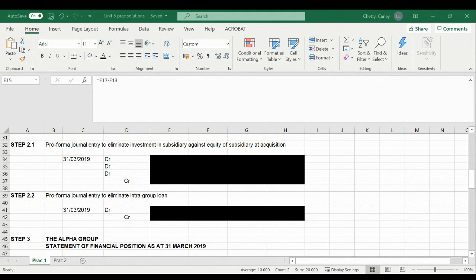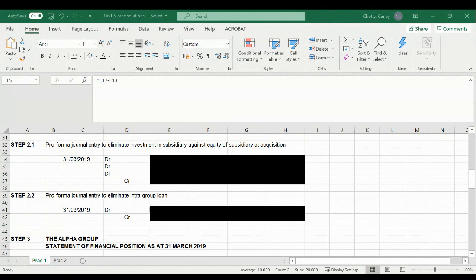So now we need to ask ourselves, are there any intra-group loans? In the trial balance, are there any transactions or other balances that we need to eliminate in Alpha's books and Beta's books? Remember, our objective is to add the trial balance of Alpha to the trial balance of Beta.